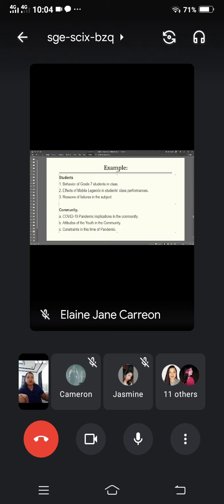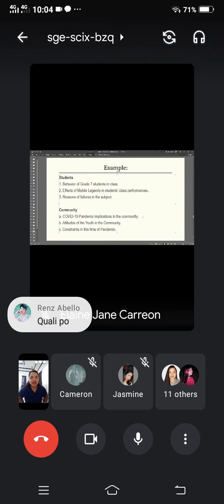Next, community. So, dito na tayo sa community. COVID-19 pandemic implications in the community. Sige nga, quali or quanti? Anyone? Quali, very good, Renz. It's quali.